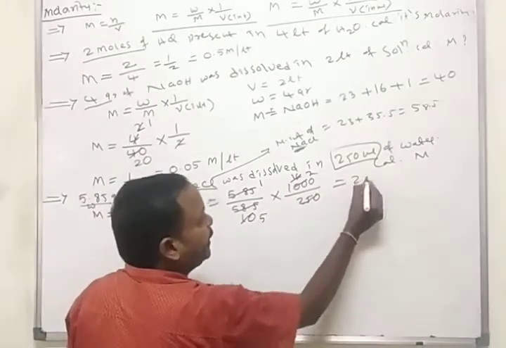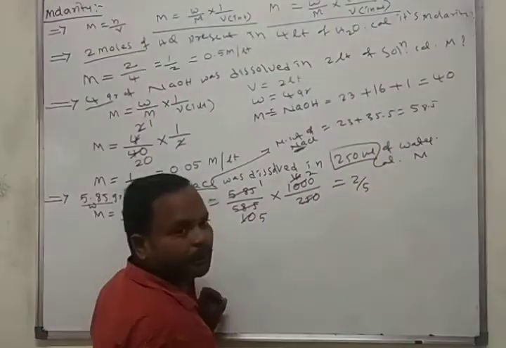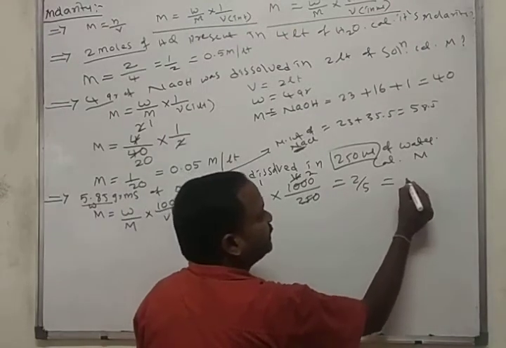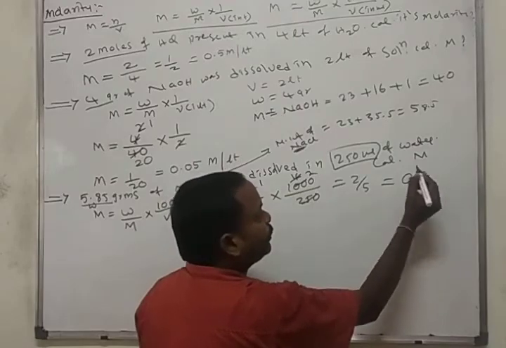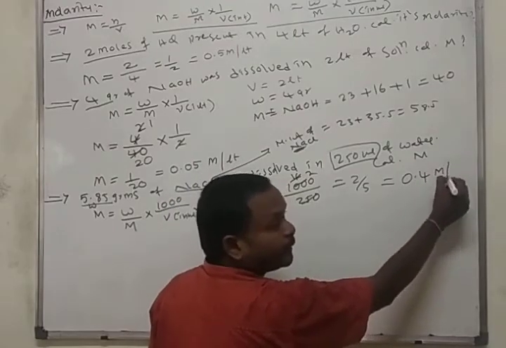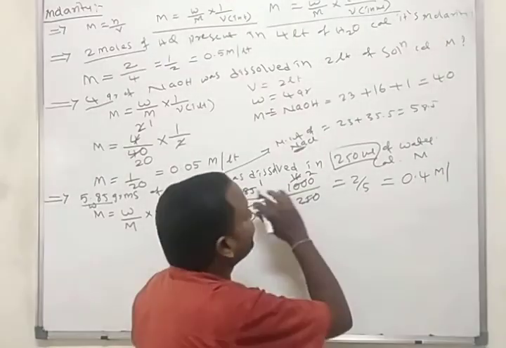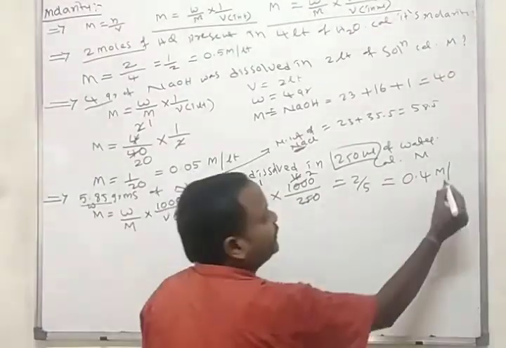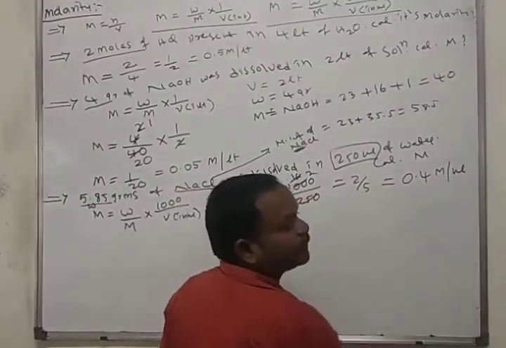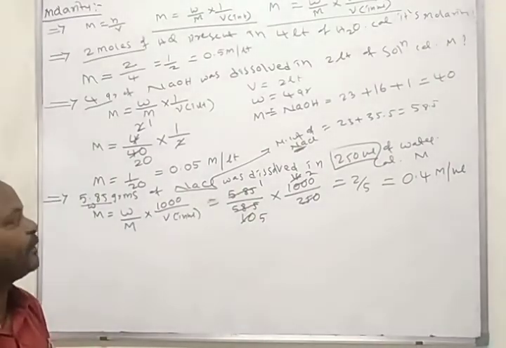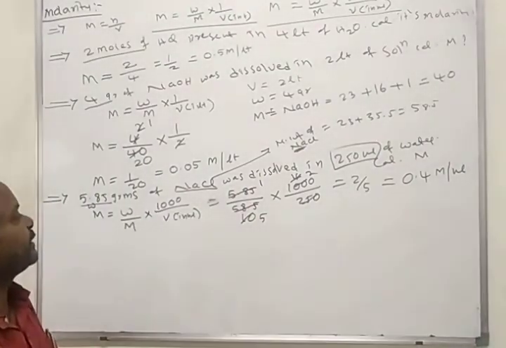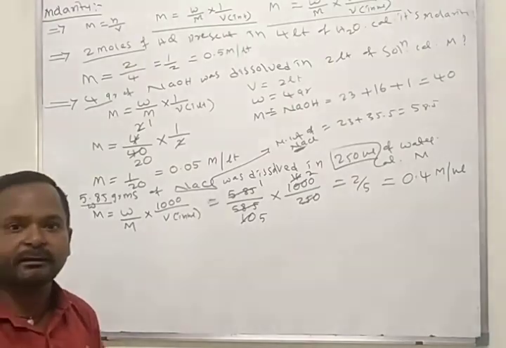That means 2 by 5. 2 by 5 means how much? 0.4 moles per. Here data is given in milliliters, so write milliliter. Moles per milliliter. These are the different problems in the classroom.